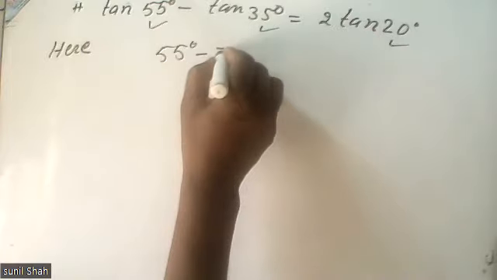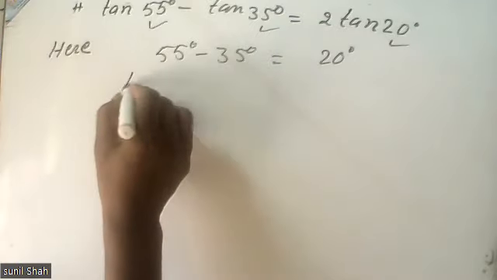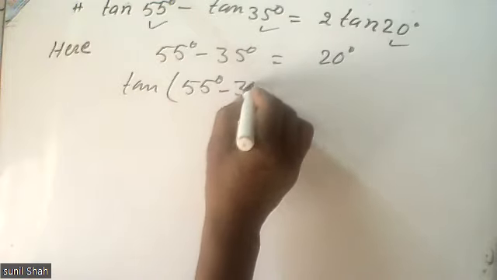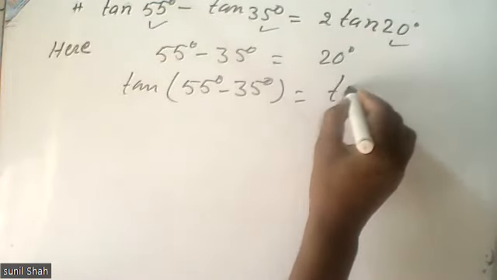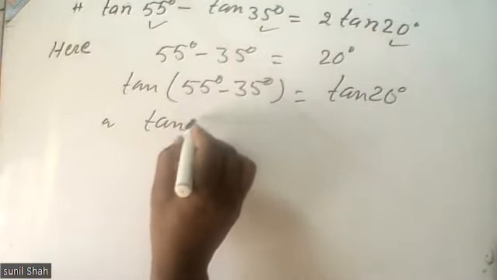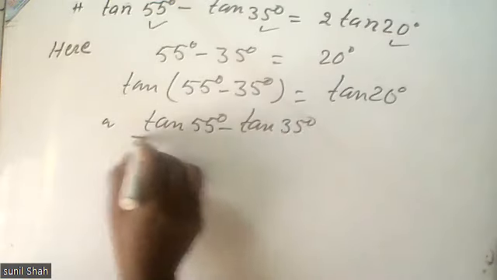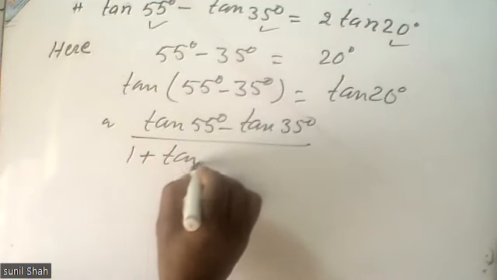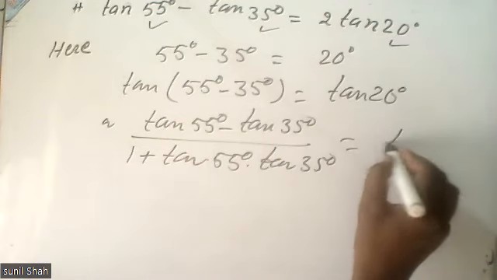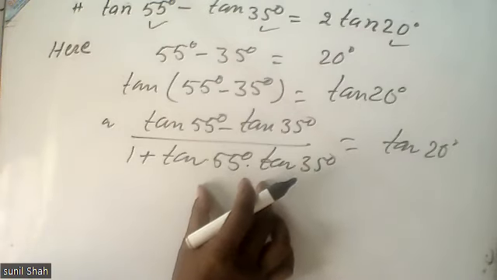55 degree minus 35 degree is 20 degree. Taking tan on both sides, tan of 55 minus 35 is equal to tan 20, or tan A minus tan B over 1 plus tan A into tan B. Now change this.